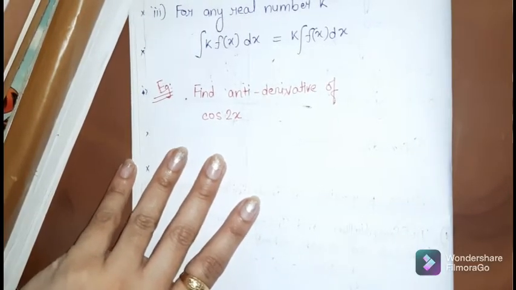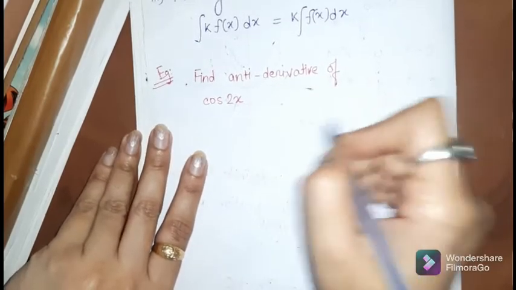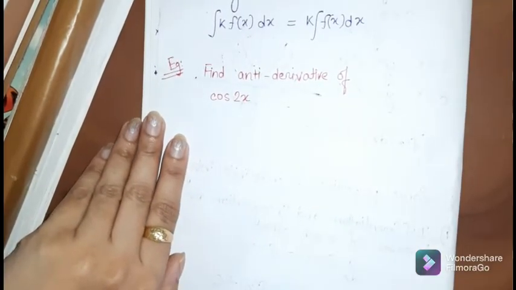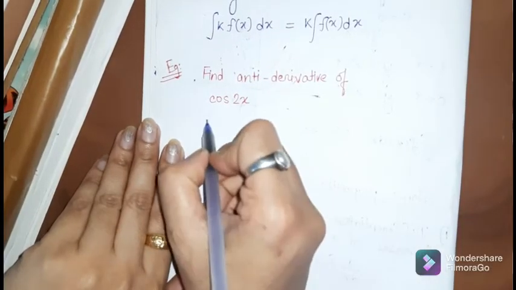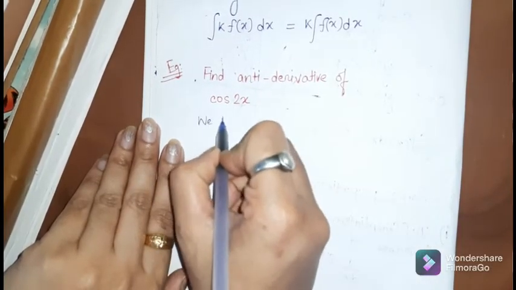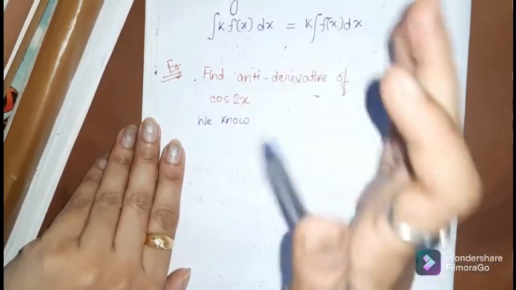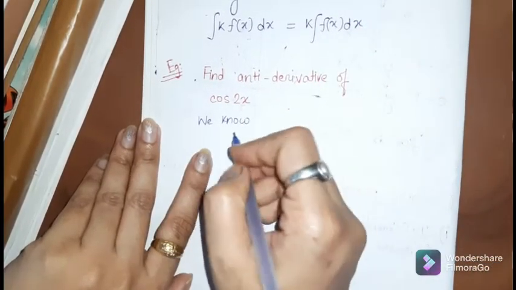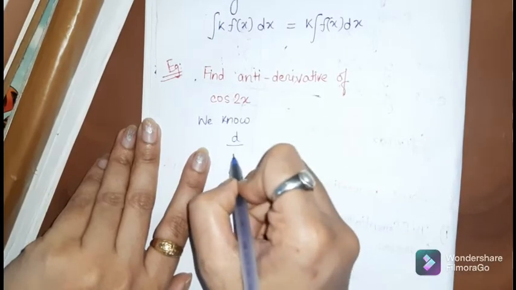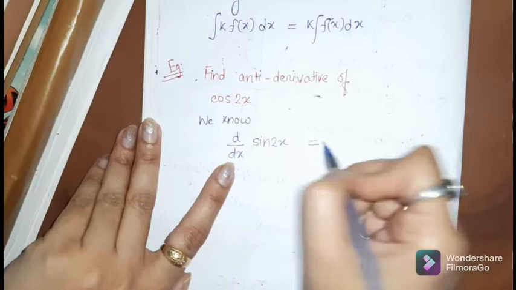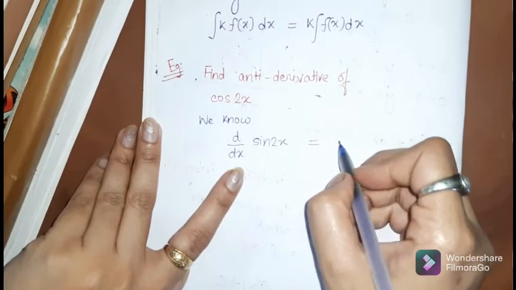If we start from the basics, we know the formulas, and when you remember them you can directly use them, but I am explaining what the differentiation of sin 2x is.